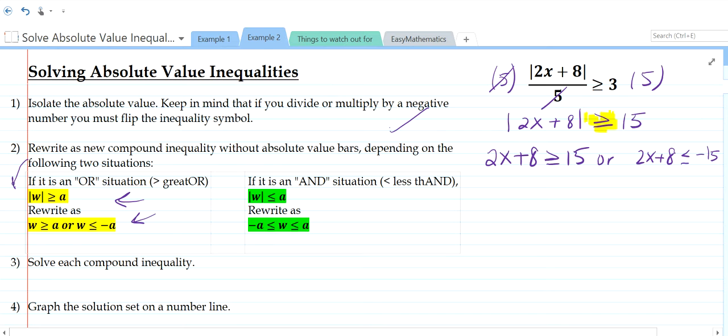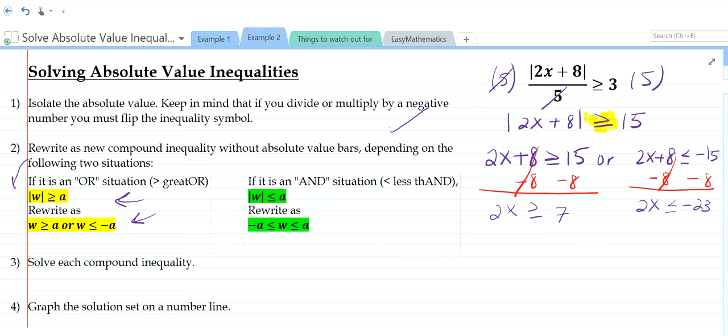And now we're going to go to step 3, solve each inequality. So we subtract 8, and we subtract 8 here. Here we get 2x is greater than or equal to 7, or 2x is less than or equal to negative 23.